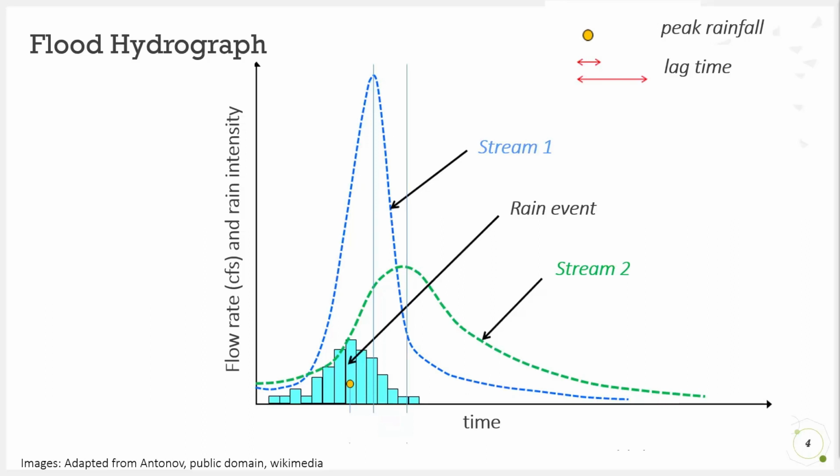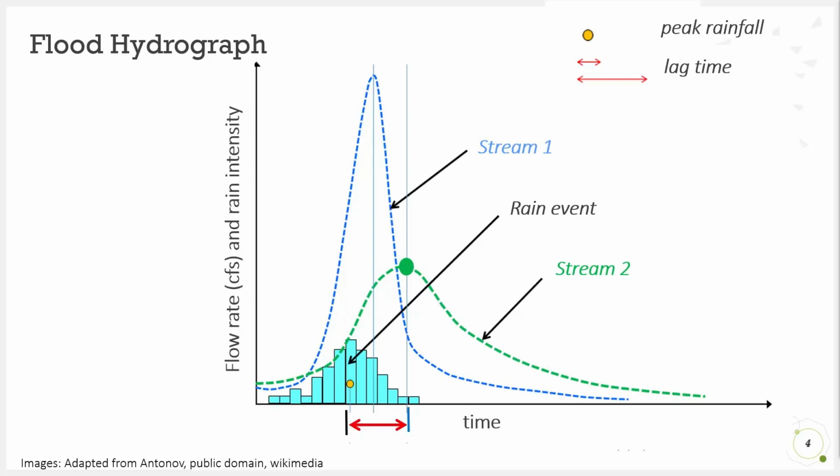Stream 2 experienced the same storm and the same intensity of rainfall, but it was slower to respond than that of Stream 1. Discharge increased with storm intensity, but peak flow followed the timing of peak rainfall with a much longer lag.